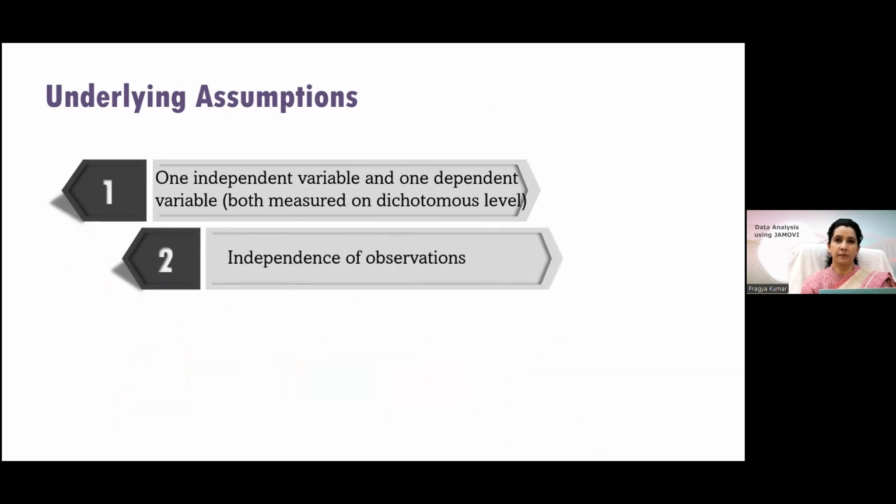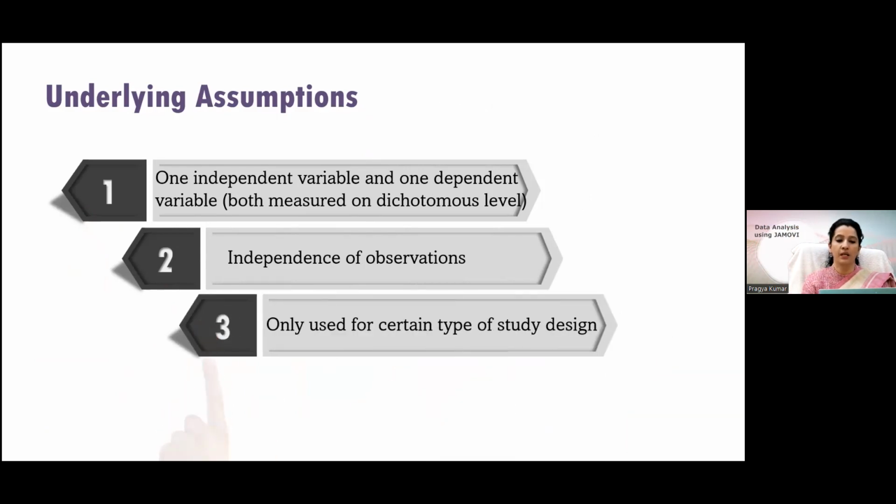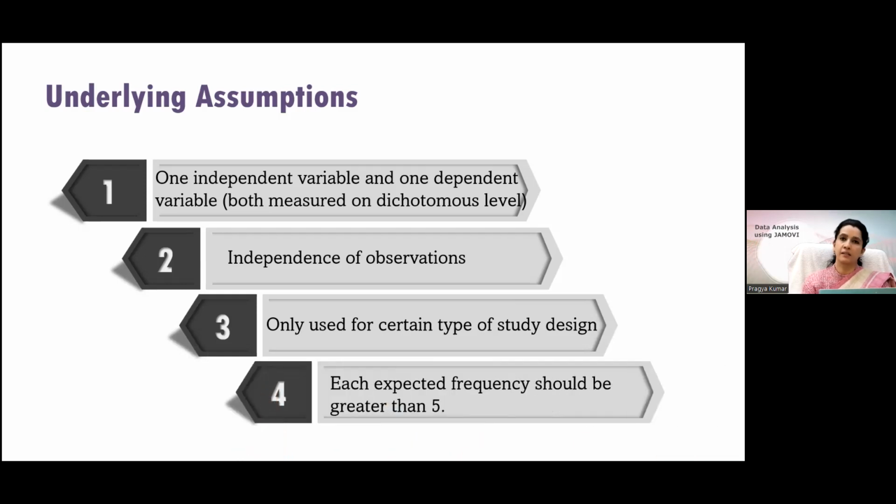And there should be independence of observation, like I said, AIIMS Delhi and AIIMS Patna, or two units, which should be different and not related to each other. It is used for only a certain type of study design, which I have just emphasized. And the expected cell frequency should be greater than 5.